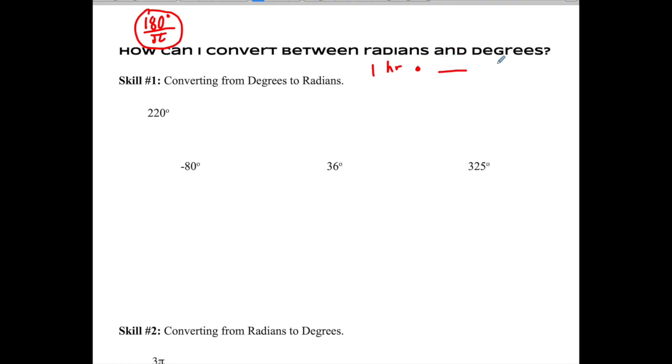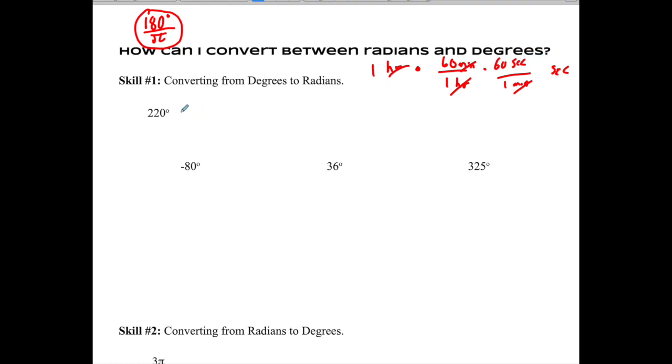You want your hours to cancel out and end with seconds. So you multiply by 60 minutes per 1 hour, then 60 seconds per 1 minute because you want the minutes to cancel. Then you're left with seconds.